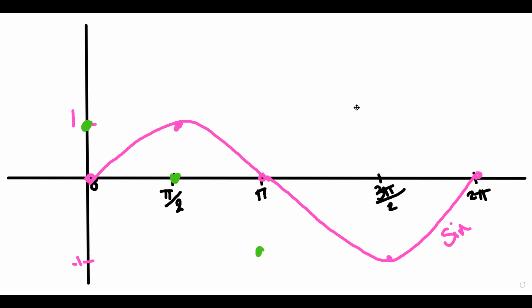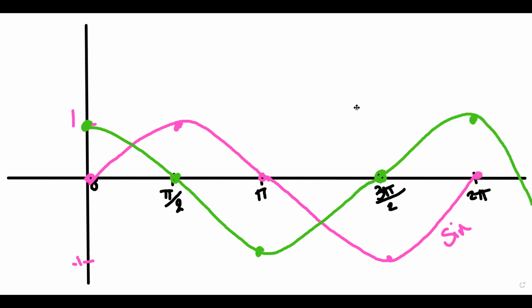Cosine of 3 pi over 2? 0. And cosine of 2 pi? 1. So if you connect these points, this is for the cosine. So this is how the sine and the cosine will be.